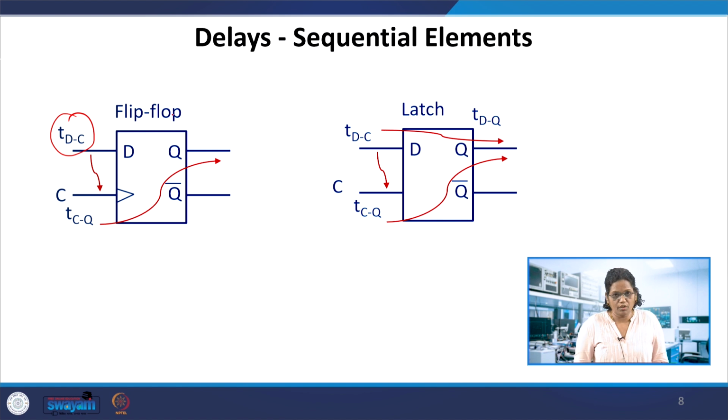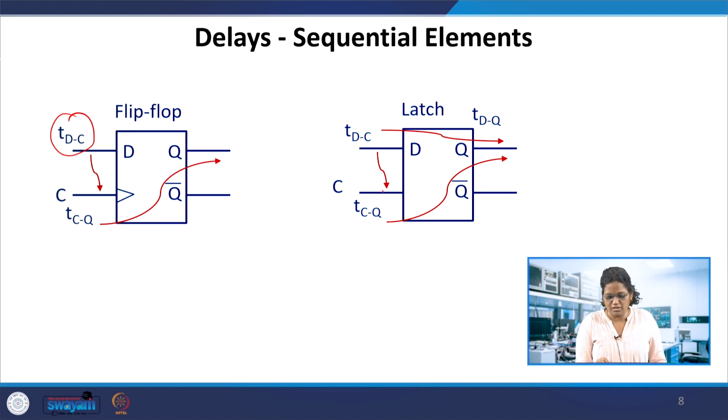In the flip flop, it's an edge sensitive behavior. So with respect to the clock edge, the D and Q delays involved are the D to C and the clock to Q delay. Whereas in the latches, the clock is level sensitive, and this is the enable.